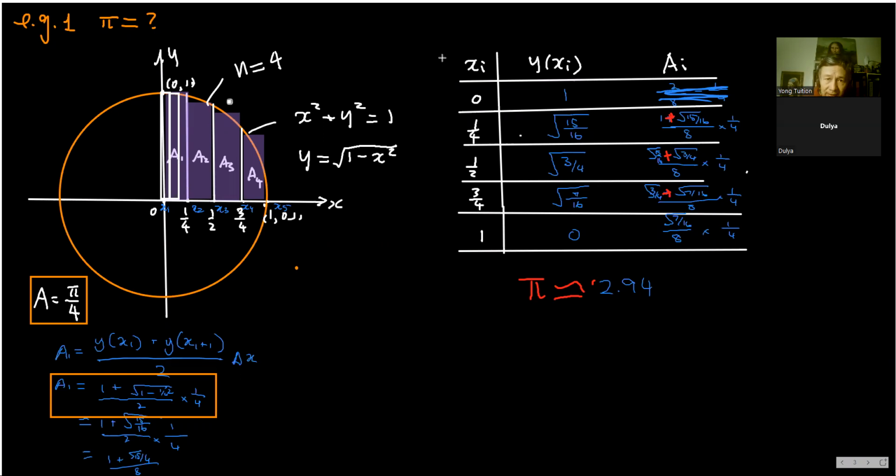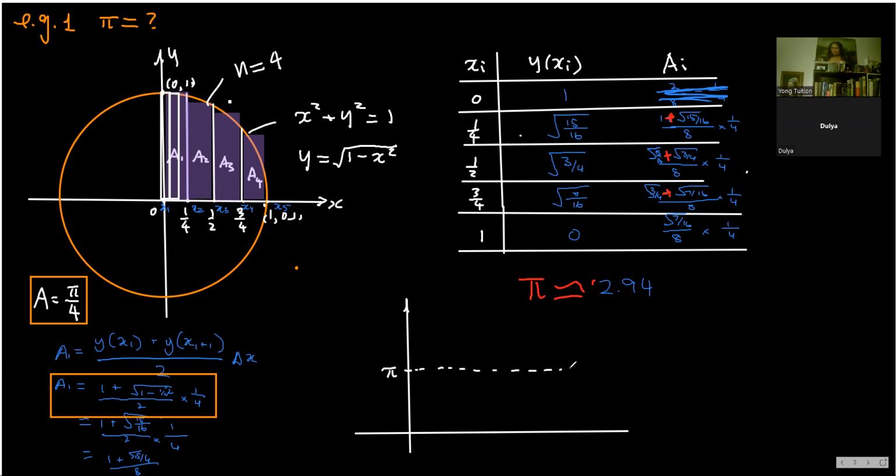So if I draw the graph, this is y, this is the value, this integral. This is pi, the actual pi value.